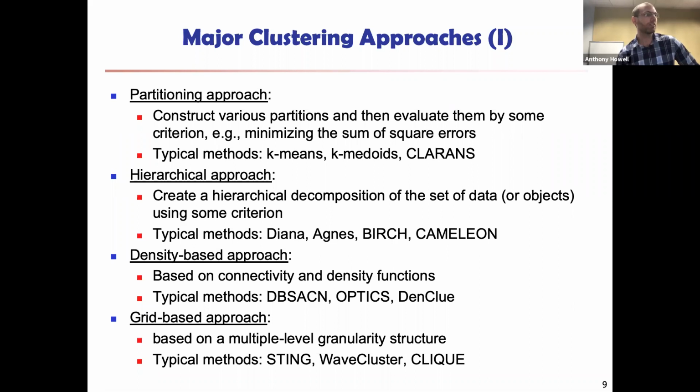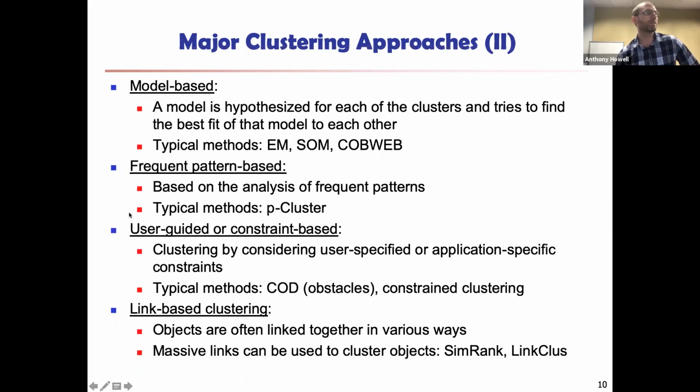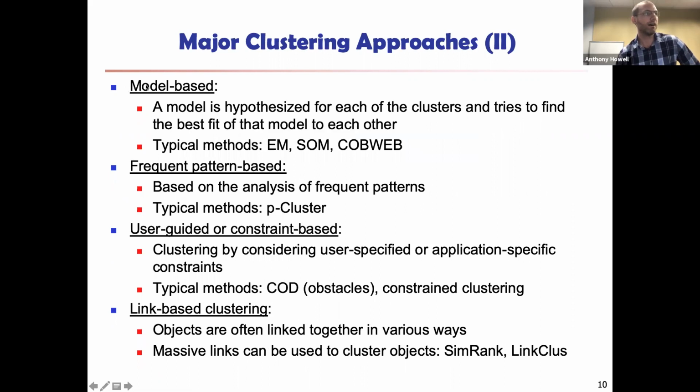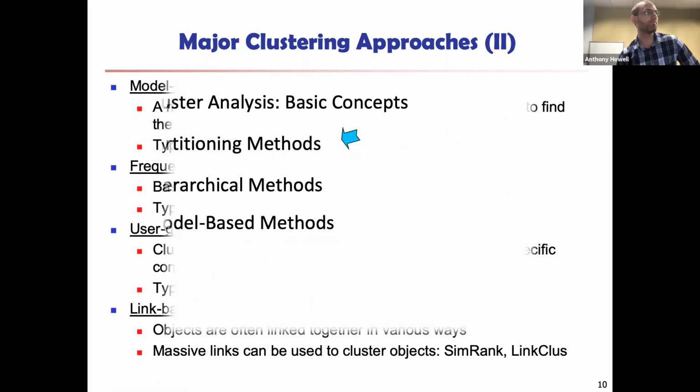And then there are lots of other approaches we're not going to look at today. We will take a very quick look at the model-based approach, which is what we'll be doing for our lab today, which employs some pretty sophisticated algorithms to delineate the clusters within data.